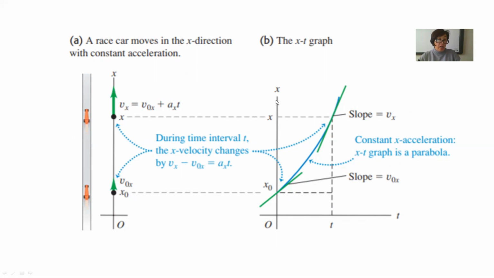And here we draw the x versus time graph. The first position of the car is x0, and the second position of the car is x, and here is position versus time.